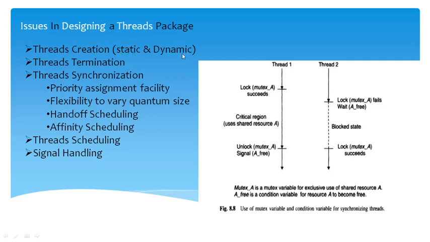But here it may start with a single thread and it can create any number of threads as and when required for running that particular process. So in the static approach, a fixed stack is allocated to each thread. The stack size of a thread is varying in the dynamic approach.